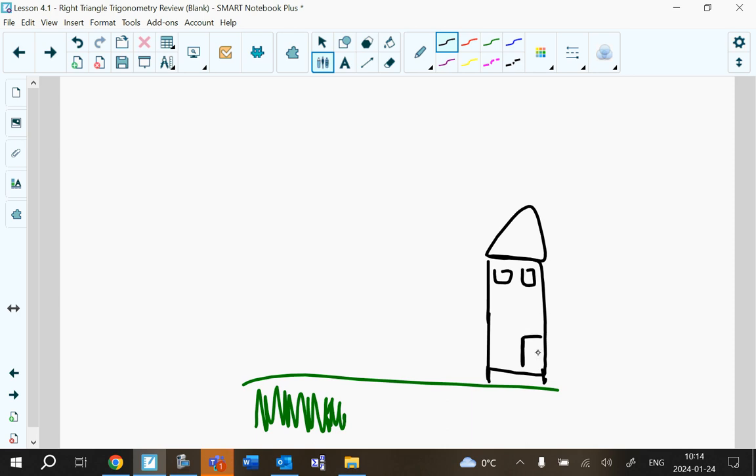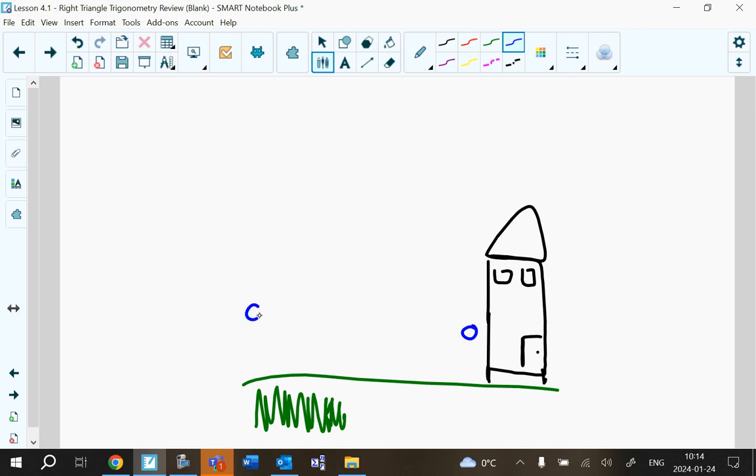In blue, somebody come up and draw me a stick person on the left. It's a very tall person in relation to that building.